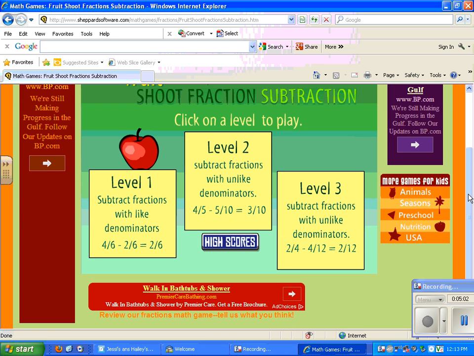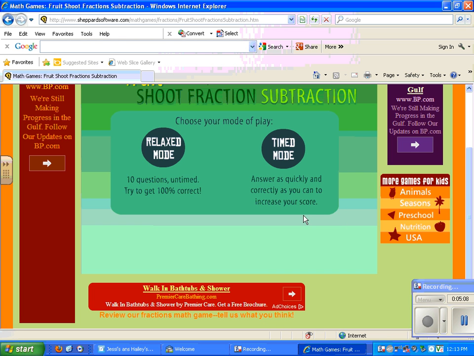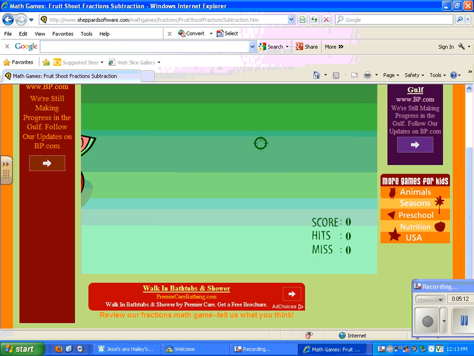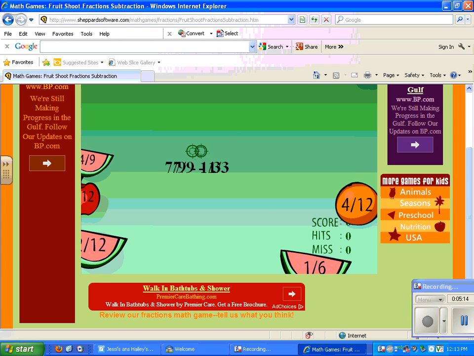We are going to do adding level 3, subtracting fractions with unlike denominators. We're going to do relaxed mode. Alright, let's do the game.